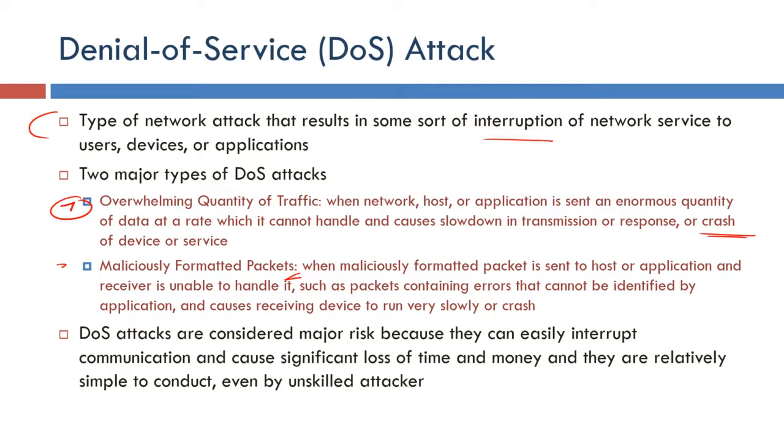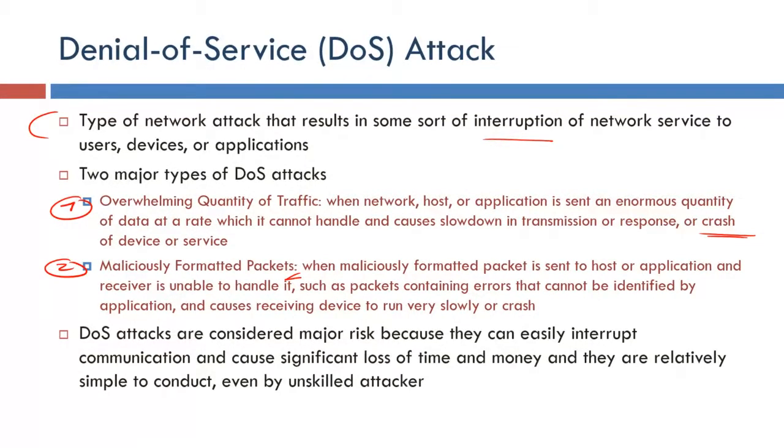The other one is what's called maliciously formatted packets. Now you're not sending as many packets, you're not connecting with so many computers, but you're confusing that server. You have a maliciously formatted packet, like what we said before. If the server has a vulnerability related to something like verification of input, then you might send something that would make it confused.